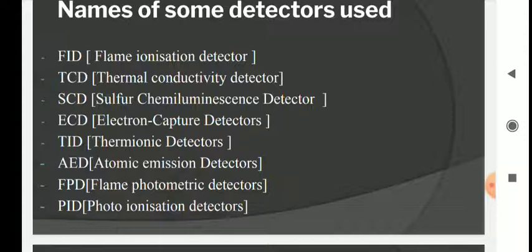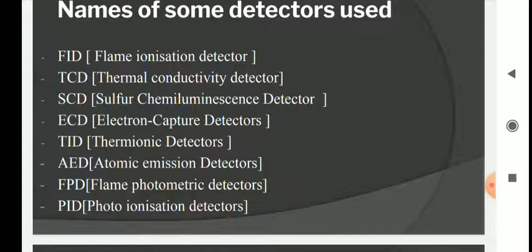There are other detectors also, and the more advanced ones are the mass spectrometer and the FTIR, which, as I said, we'll be studying under hyphenated methods. When we deal with the topic of hyphenated methods, we'll be using those detectors, IR and mass spectrometers.